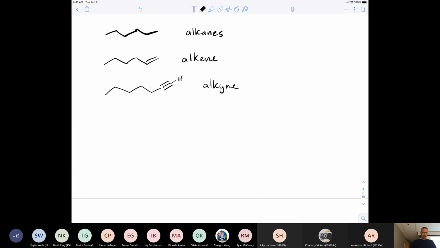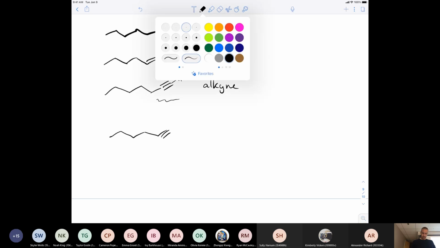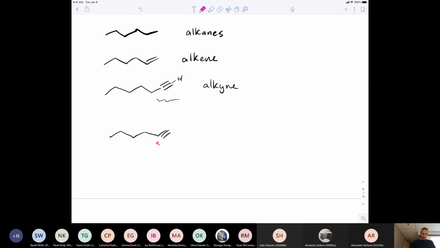I drew these zigzags for all of the other ones except the carbons around here. Any guesses why I drew it this way? Why I didn't draw it like this? The reason is that both of these carbons are sp hybridized. sp means 180-degree bond angles, right?